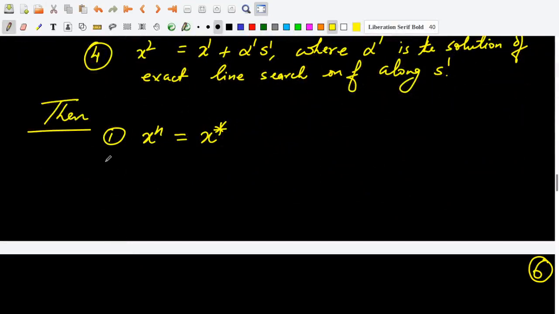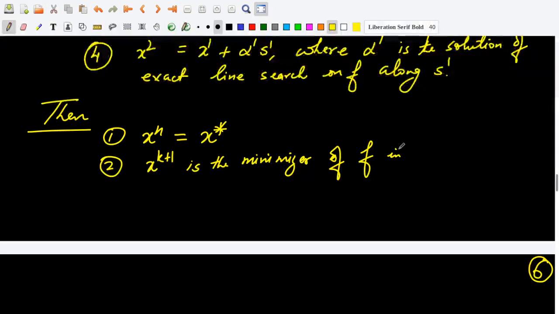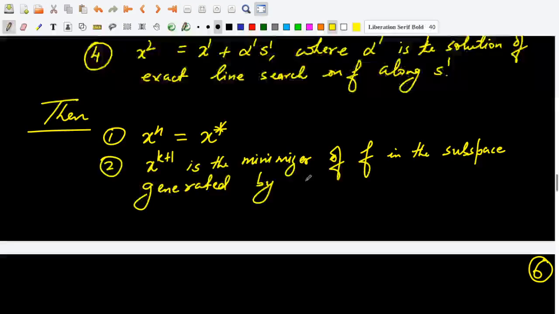Moreover, if I look at any intermediate step while doing these line searches, so maybe in the third iteration or the fourth iteration, I get a nice point in the sense that xk plus 1 is the minimizer of f in the subspace generated by x1, so starting from x1 and s1, s2 up to sk.